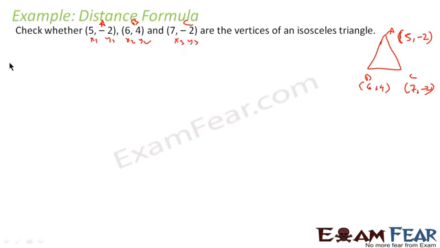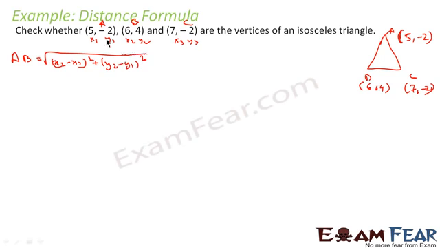Now the distance AB is root over (x2 minus x1) square plus (y2 minus y1) square.